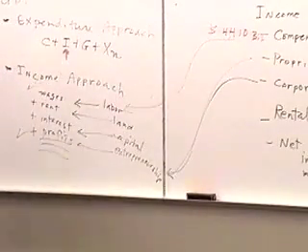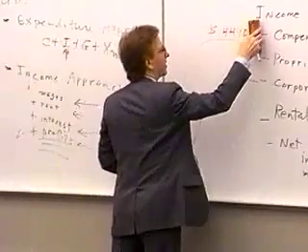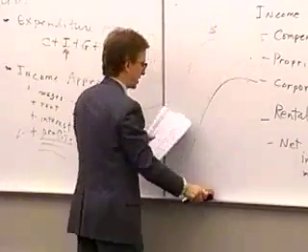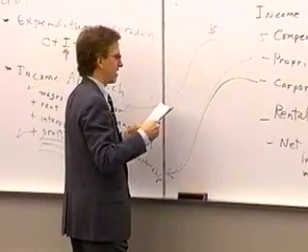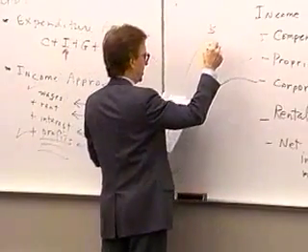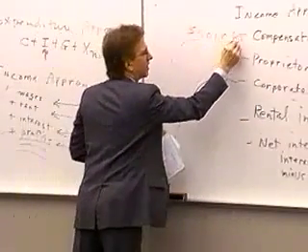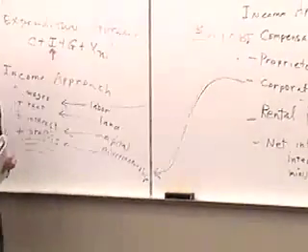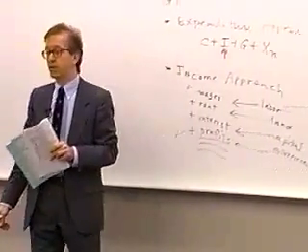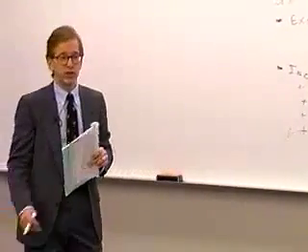Oh, that's not the right number. I'm sorry, that was the wrong year. I'll do better next time. Let's try 5,010. Hey, 5,010 billion. About $5 trillion is compensation of employees.